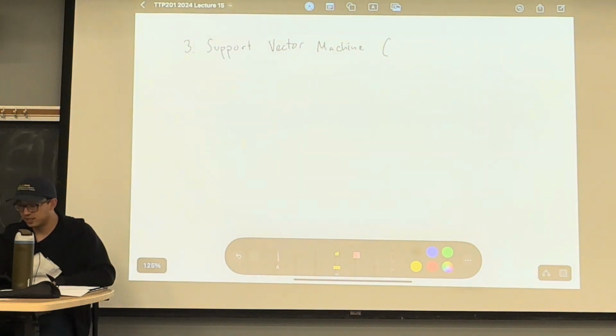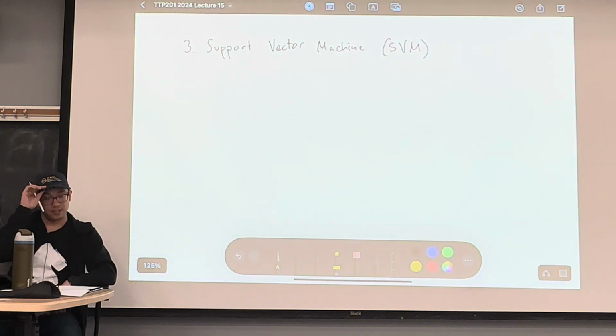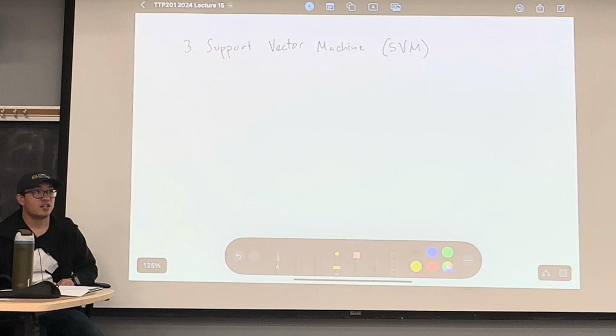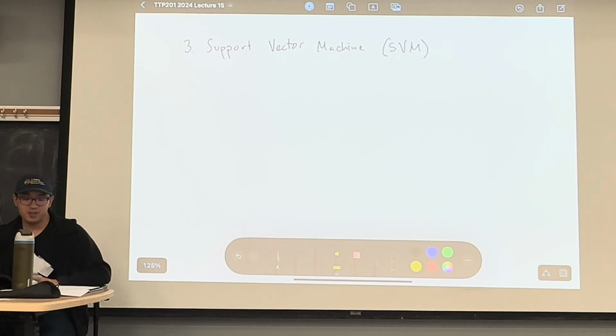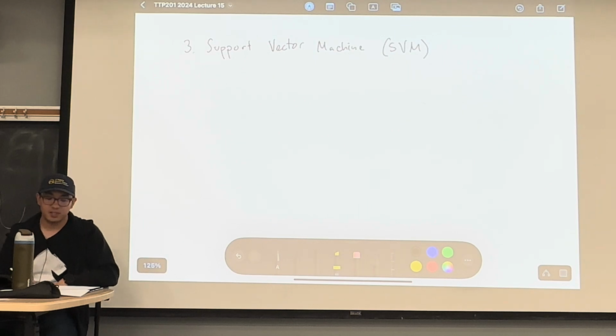So this is SVM. So this one is the commonly used one. So SVM is a super common machine learning classifying tool that's used, right, to create separating hyperplanes that don't have to be linear.